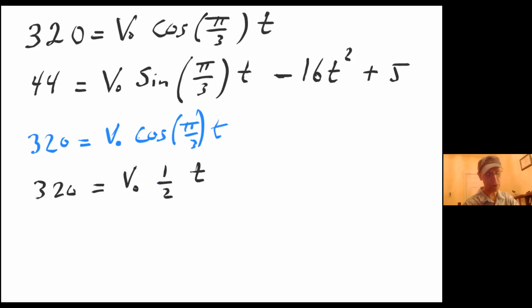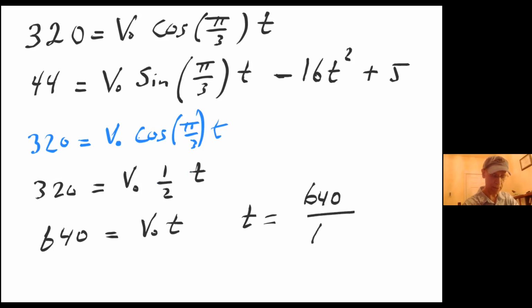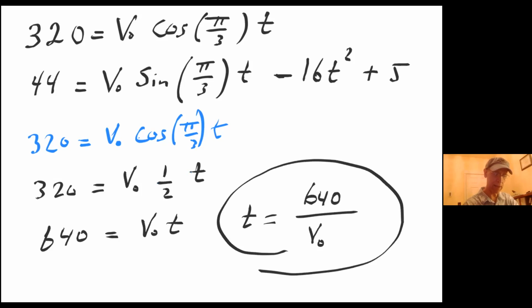Multiplying both sides by 2, I get 640 equals v naught times t, and solving for t, t equals 640 over v naught. Now I can take this and substitute it in here and solve for it.